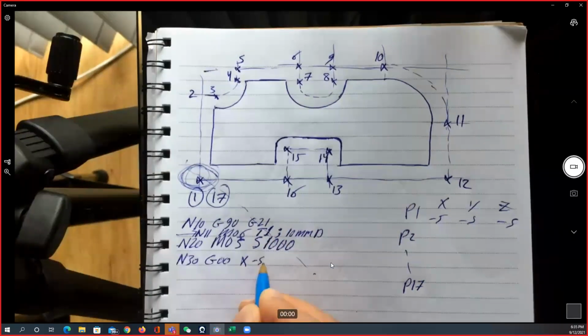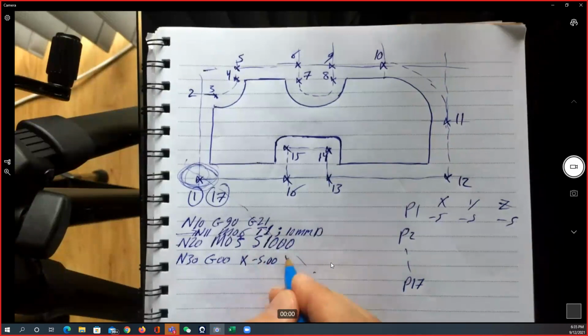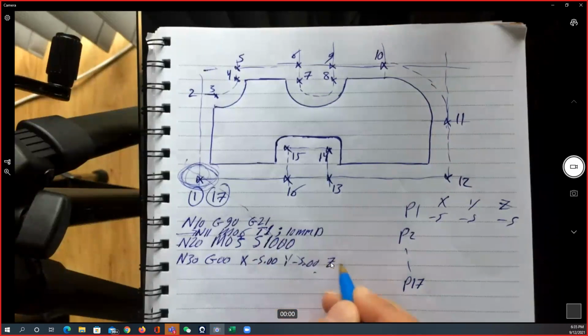It's good practice to put 0.00, because now we just have full numbers, but maybe, especially on inclined surfaces, we're going to have fractions. So the Y is going to be -500, and the Z is going to be equal to 10 millimeters.